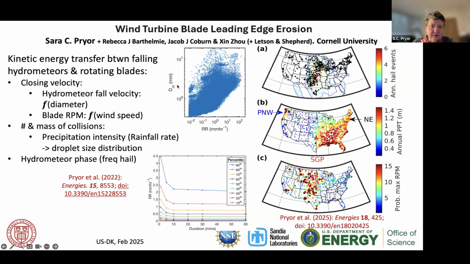So this is just a reminder that if we use the mass-weighted median diameter and we plot that, just for a site here in the Southern Great Plains, against rainfall rate, that of course droplet size, or average or representative droplet size, increases with rainfall rate. So when it's raining more heavily, we have a few more droplets, but mostly we shift to larger diameters, so they're more massive, so there's more erosion.